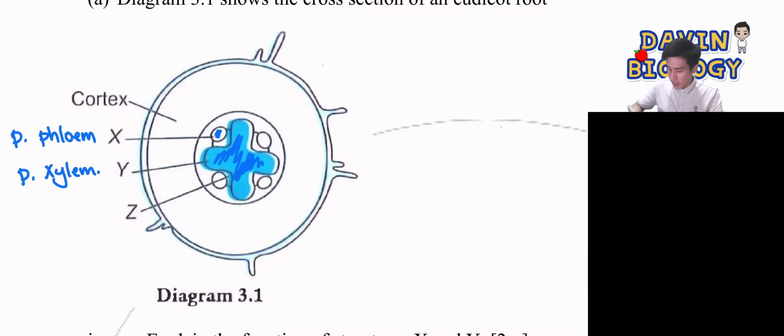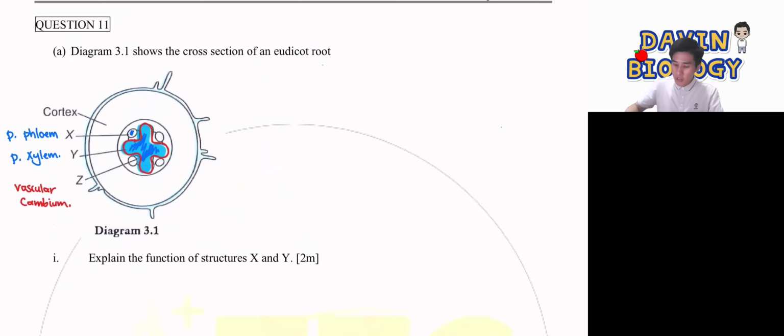Between xylem and phloem, you have one layer of tissue that separates it, same as the stem, which they're pointing at Z. So this is your vascular cambium. Then if secondary growth really happens, how will they look?